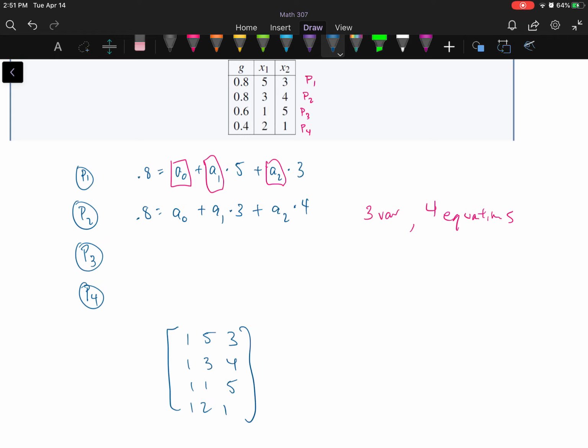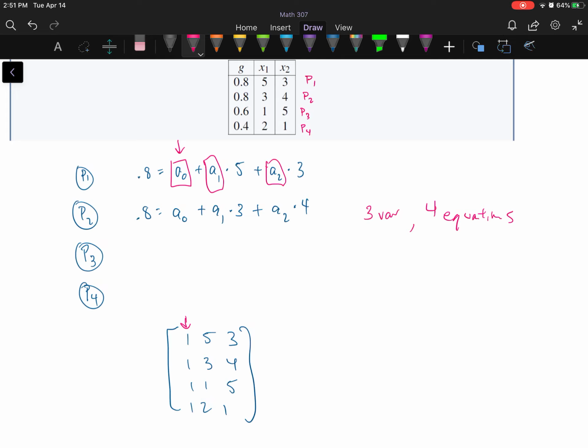Do notice that we get this column of ones. Why do we get that column of ones? Well, it's because A0 keeps popping up in every single one of these equations, and none of our data is getting multiplied times A0, and so that value just doesn't change.